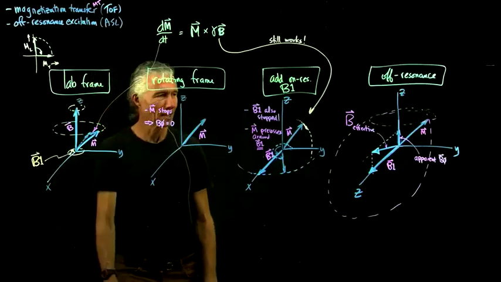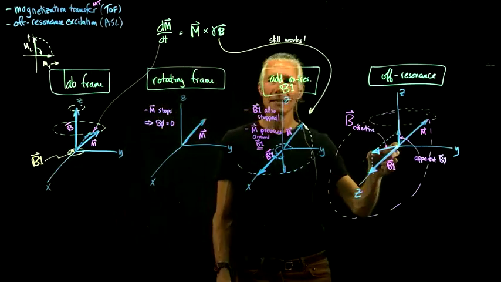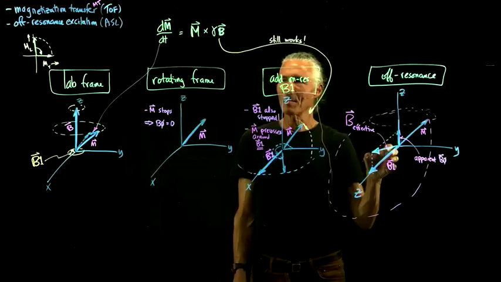It's hard to visualize. This makes it a little easier. You can think of it as effectively where the B field is.